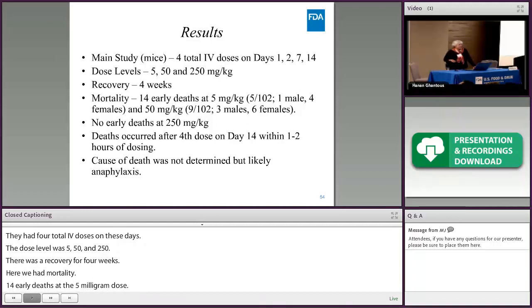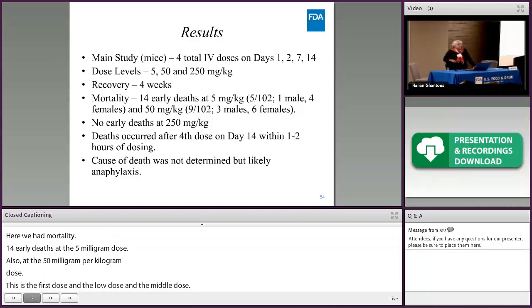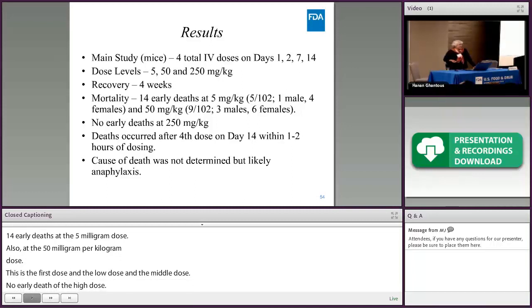If you notice, this is the first dose, the low dose and the middle dose, and no early death at the high dose, the 250. So that was really weird. I mean, you don't have a dose response or whatever.